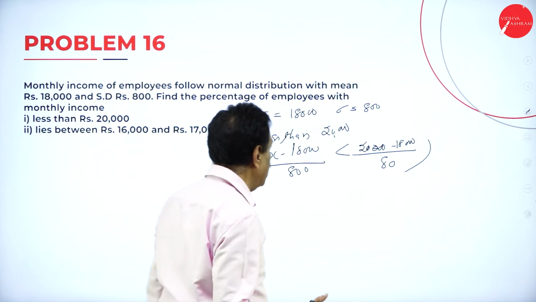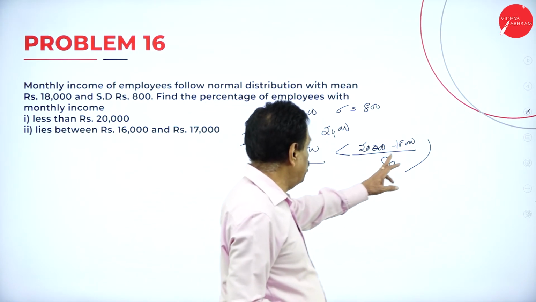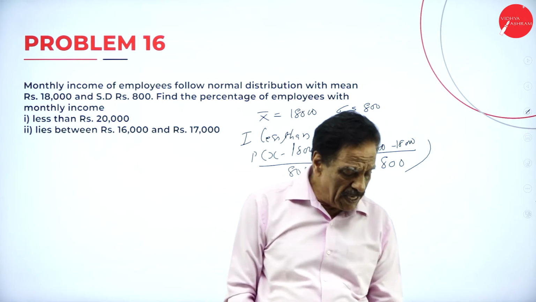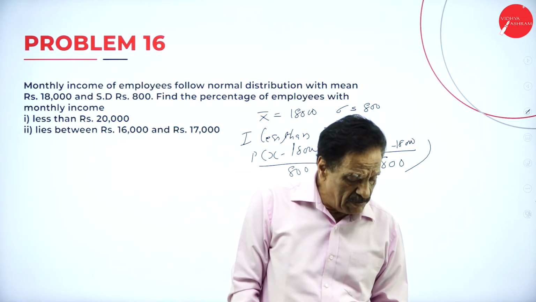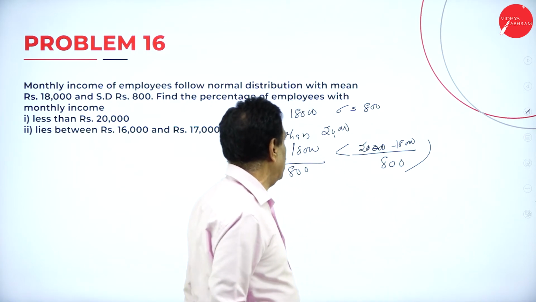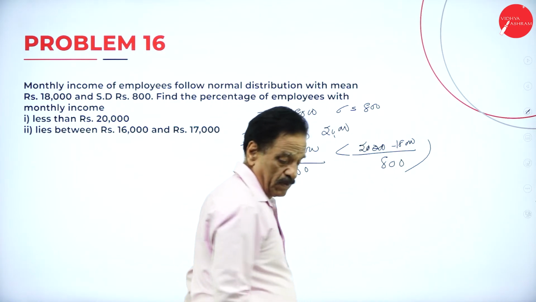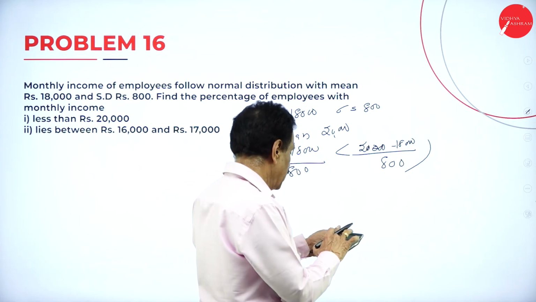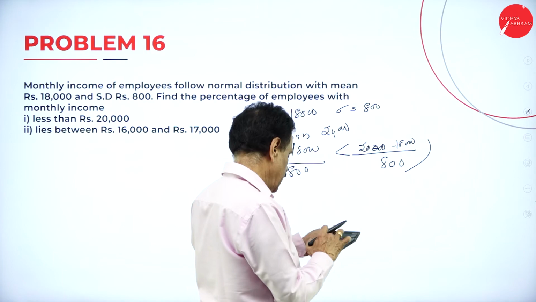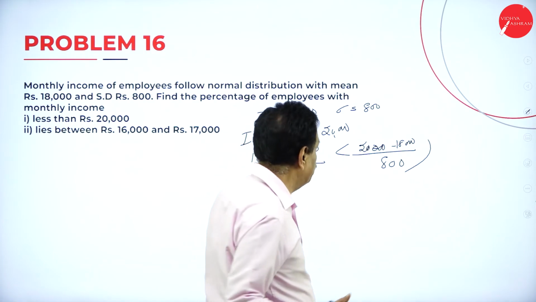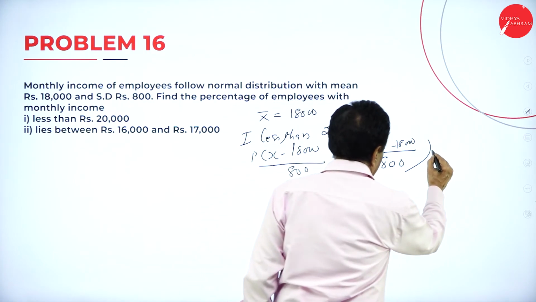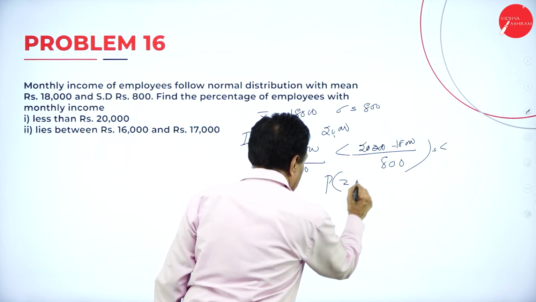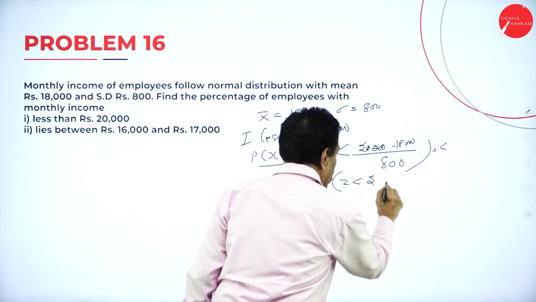So it will come as P. 20,000 minus 18,000 is 2,000, divided by 800, which is 2.5. Or we can say P of Z less than 2.5.